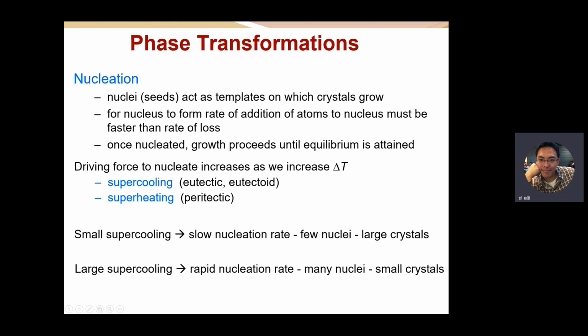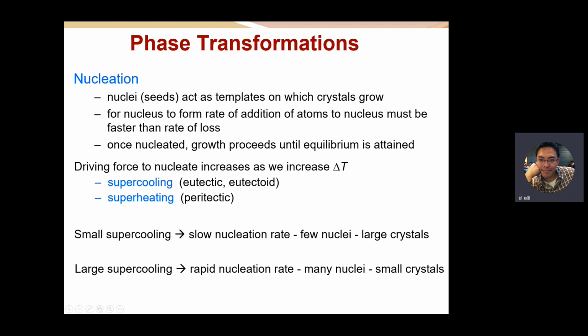Therefore, the nuclei, the seeds, act as a template or islands on which the crystal grows. For a nucleus to form, the rate of addition of atoms to the nucleus must be faster than the rate of loss. And once nucleated, growth proceeds until equilibrium is attained.